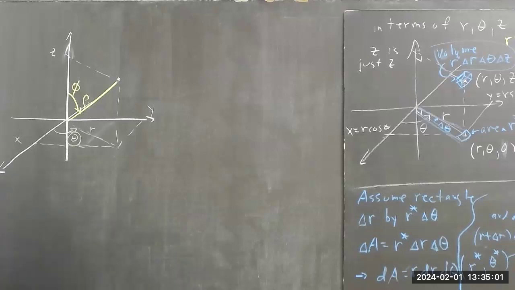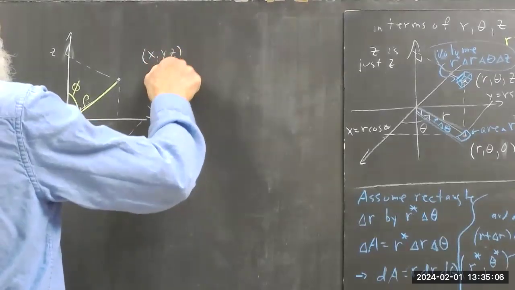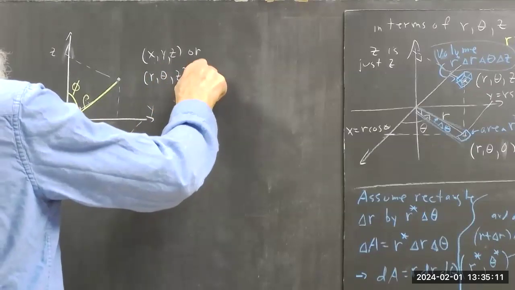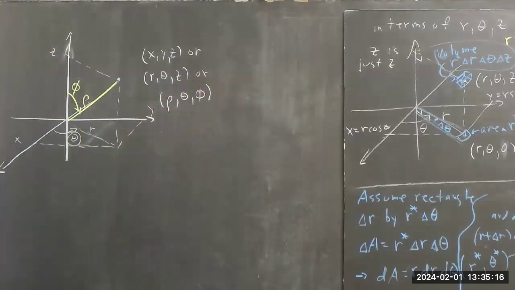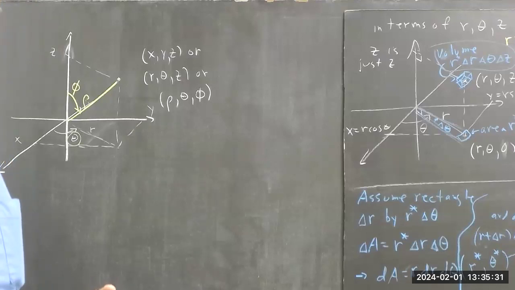Okay, so this point is X, Y, Z, or R, theta, Z, or rho, theta, phi. So what's the volume increment?